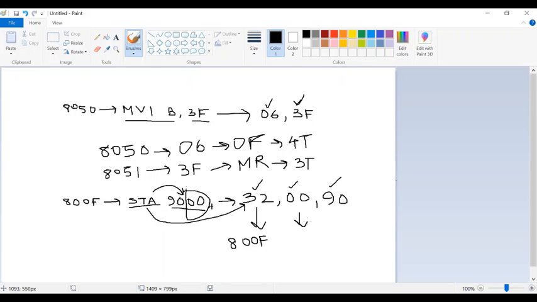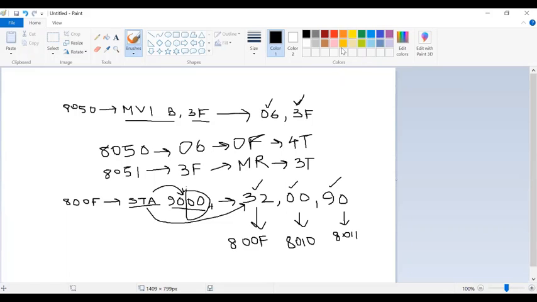Good. The next memory location will be 8010, where 00 will be stored. Then the next memory location will be 8011. So 3 consecutive memory locations are required.